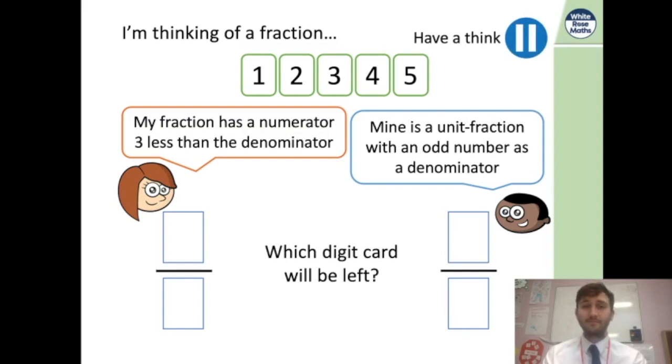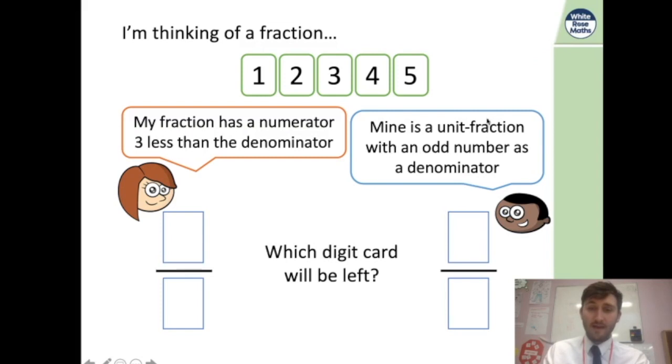Okay. So straight away I'm looking over here and I know that a unit fraction means that it must have my numerator as a 1. So straight away I'm going to put my 1 down there. Next, I'm looking at the other side.